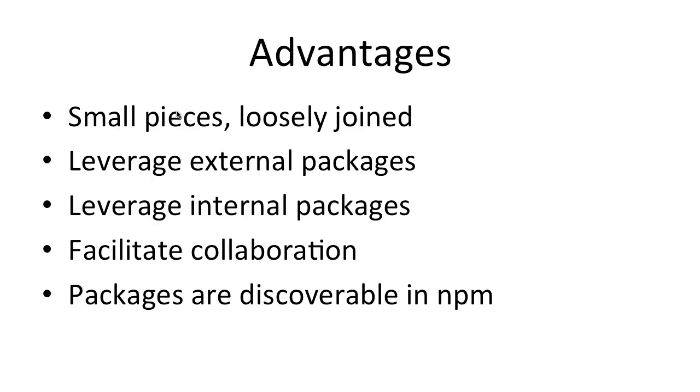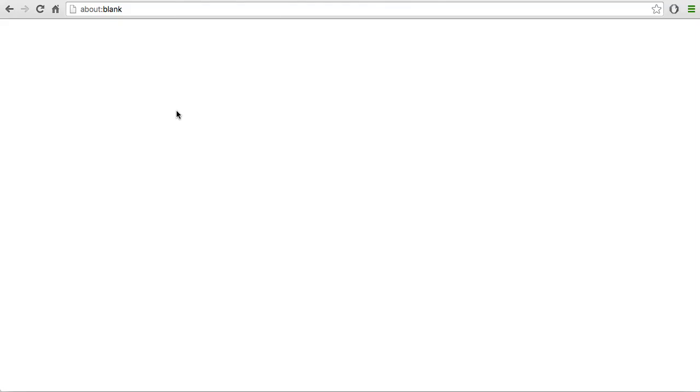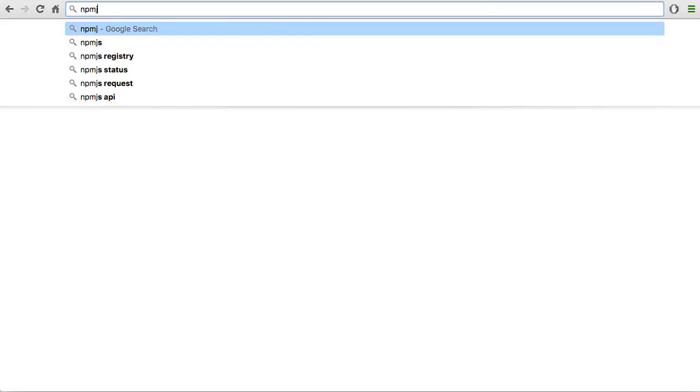You can certainly share with the world, you can share with your team, and it facilitates collaboration, and you can also discover these through NPM. Let's go ahead and go to the site, and the name of the site is npmjs.com.